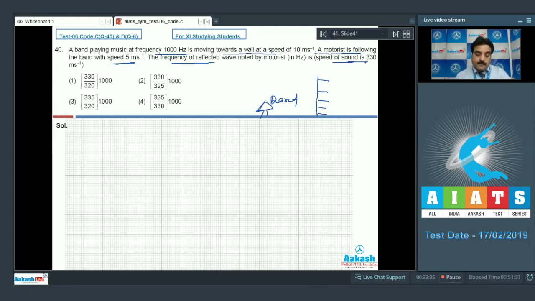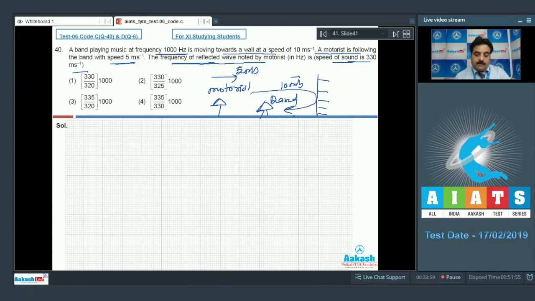Speed of sound is given. So suppose this is the position of the motorist. Speed is 5 meter per second and speed of band is 10 meter per second.